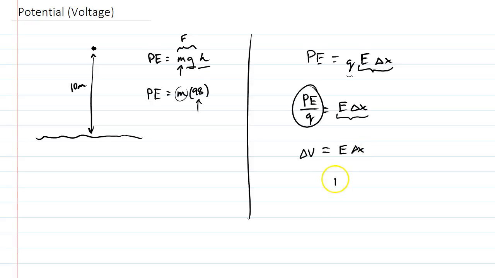Okay, now one way we're going to use this later on a lot is we're going to be doing the change in volts over change in the distance equals the energy field. That's one way to be working with potential. The other way to think about it is it's work per unit charge.